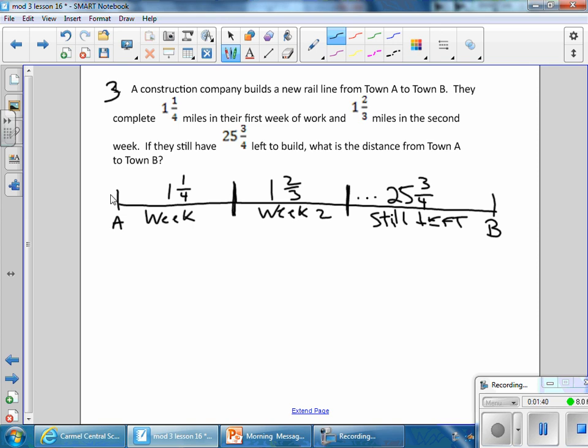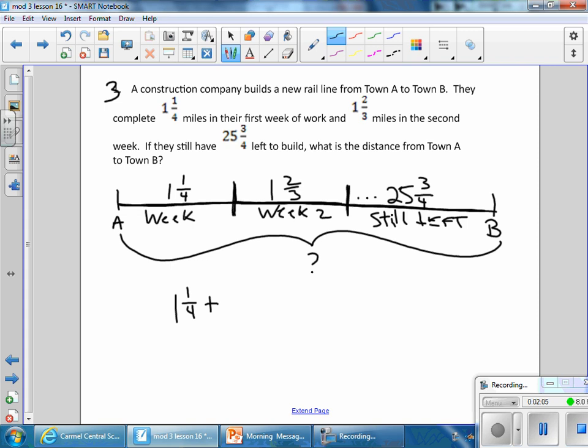So, we do not know the whole distance. That's my question mark. I know what the construction company did in week 1 and week 2, and we also know how much they have left. So this is a very straightforward addition problem.